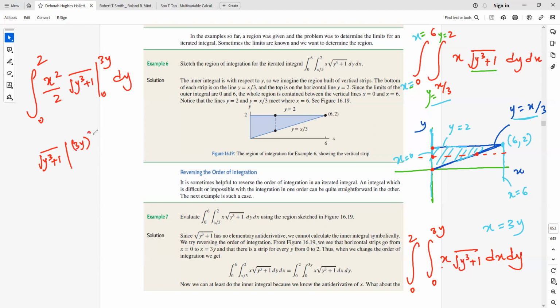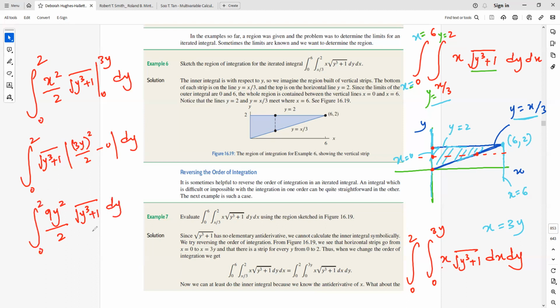So (3y) squared over 2 minus 0, dy, from 0 to 2.